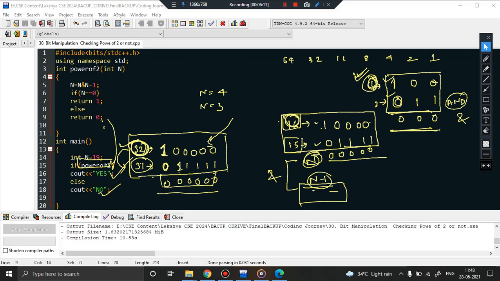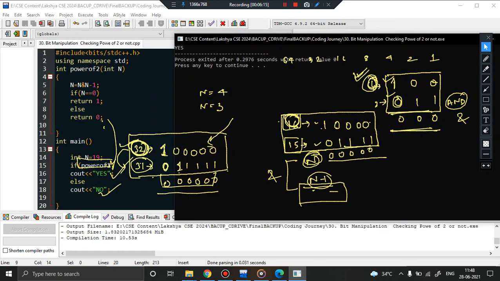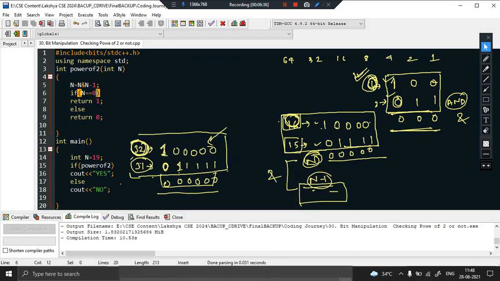The code is compiled and you can see it is saying 19 is a power of 2, so I think we are making a slight mistake in returning the values. Let us check where the mistake is. If n is equal to 0 after updating, then we return 1, right?